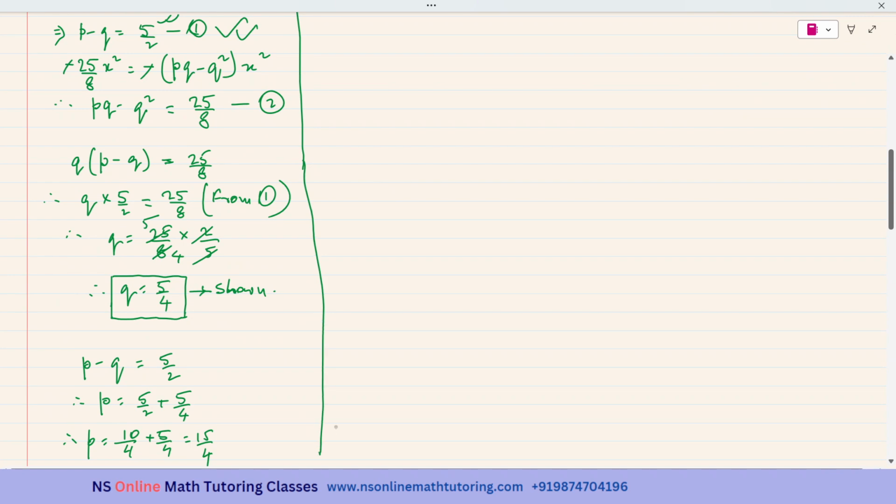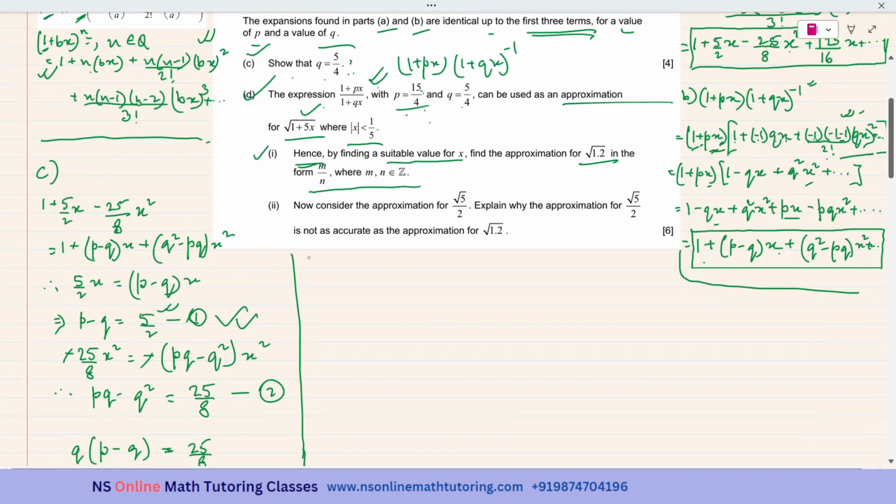So let us solve over here. We have 1 plus px times 1 plus qx raised to the power of negative 1, which is equal to 1 plus px over 1 plus qx is equal to this. I'm not sure whether I'll be needing this one. Let's see. First of all, we have to relate these two, the square root of 1 plus 5x and the square root of 1.2.